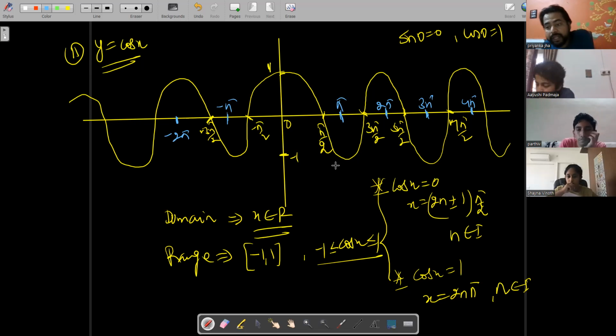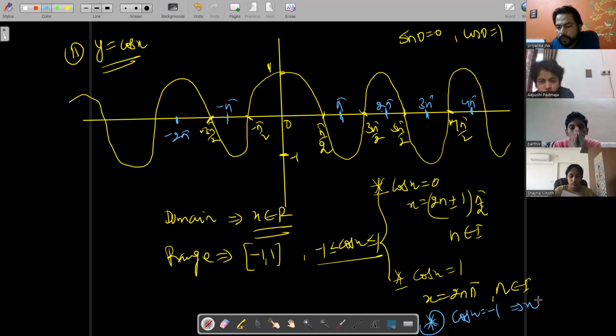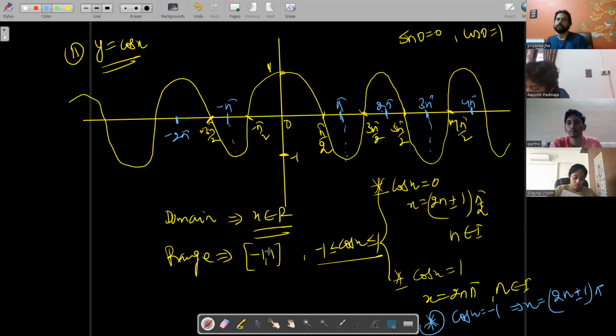You can see that at every even multiple of pi, like 0, 2 pi, 4 pi, minus 2 pi, it takes value 1, right? And when cos takes value minus 1, x is an odd multiple of pi: 2n plus 1 or 2n minus 1 times pi, whatever you want to write. You can see cos pi is minus 1, cos 3 pi is minus 1, cos minus pi is minus 1.